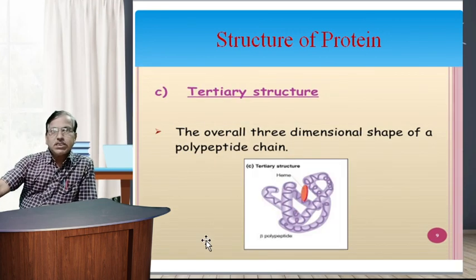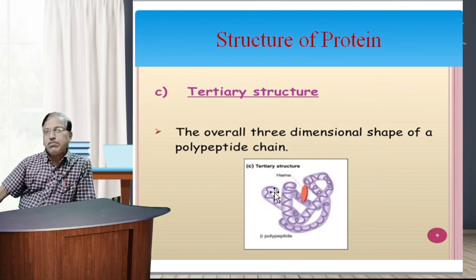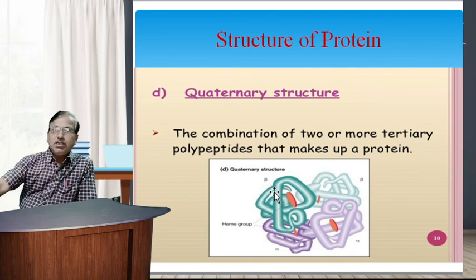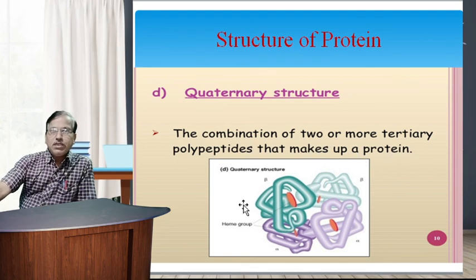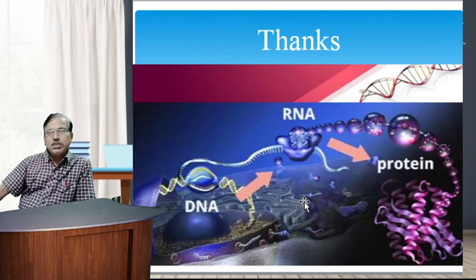In tertiary structure, the overall three-dimensional shape of a polypeptide chain is indicated in these diagrams by the schematic representation. In quaternary structure, the combination of two or more tertiary polypeptides makes up the protein. The best example of quaternary structure is the hemoglobin protein.